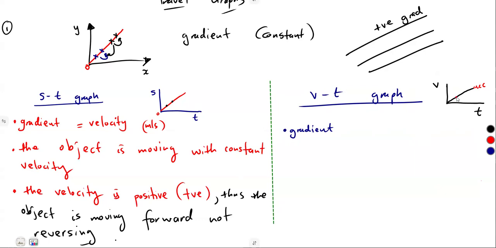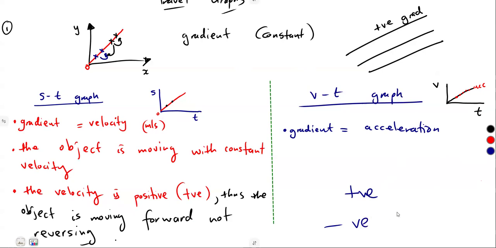So the acceleration at any point that you're going to calculate is going to be the same, as we talked about the gradient being the same, being constant. So that is your acceleration. All right. In the case of acceleration, it can be positive acceleration.